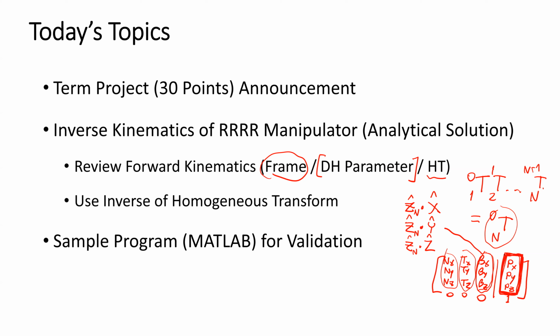So today, our content, we will begin with the announcement of the term project. The term project has 30 points, and maybe from last week, Ajahn Pongsan already gave a short introduction to the term project.